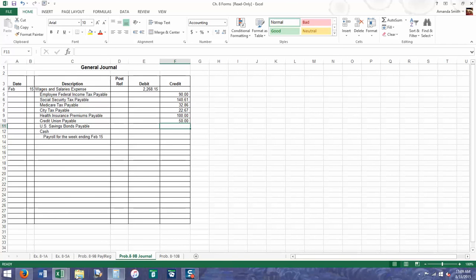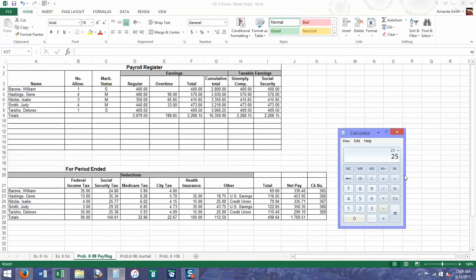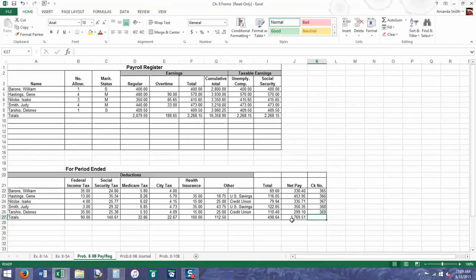Savings bond payable is going to be $18.75 plus $43.75 is $62.50. Cash is going to be our net pay total, so $1769.51.